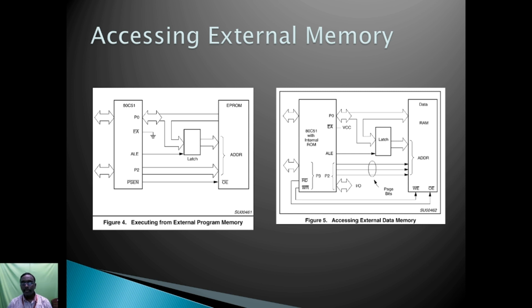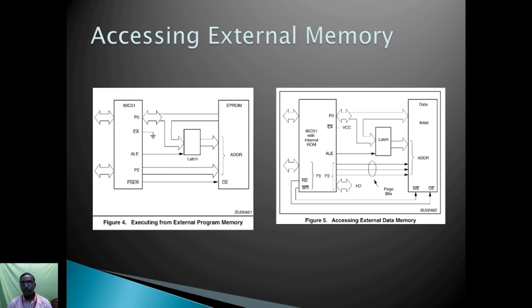So in the next diagram, it is external data memory. We already know that in the external data memory, we are connecting the microcontroller with an external data memory. So data memory can be read and written. This is an external memory accessed by an 8051 microcontroller.